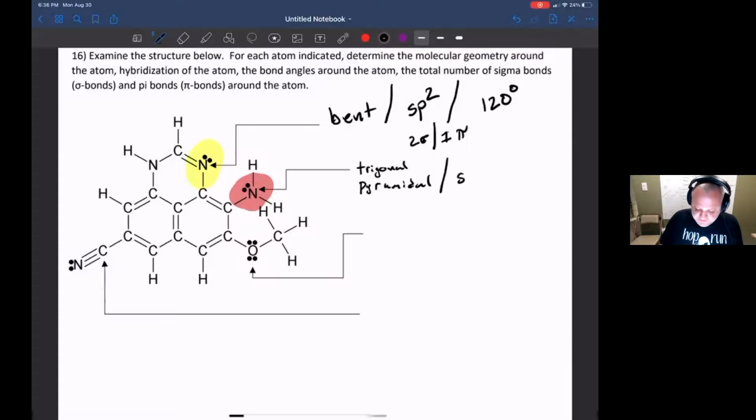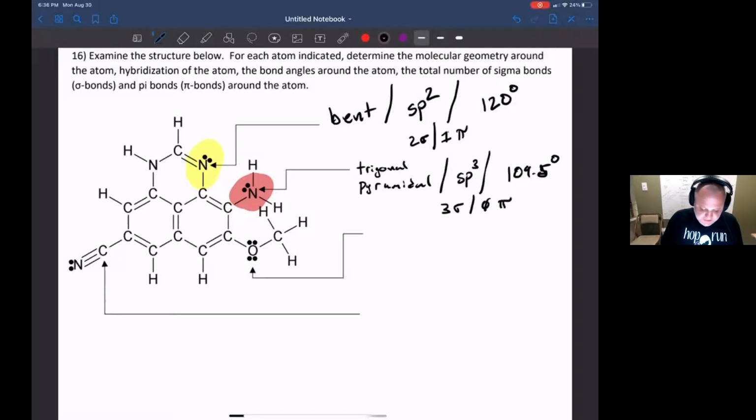The hybridization is based on that same electron geometry of tetrahedral, so it's sp3. So are the bond angles, so it's 109.5 degrees. And then I only have single bonds, so there's 3 sigma bonds and 0 pi bonds.